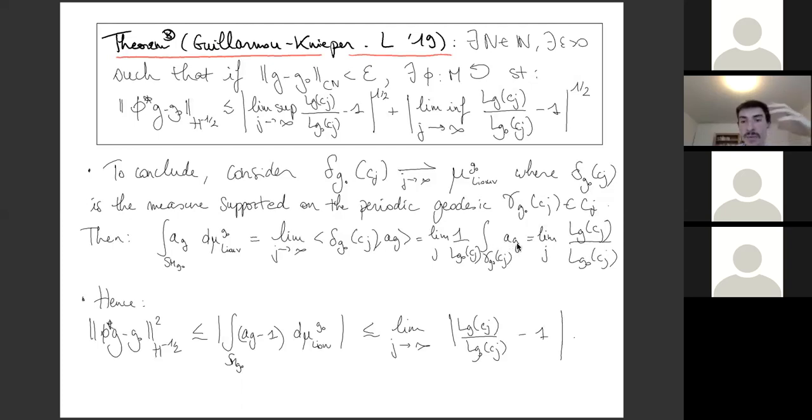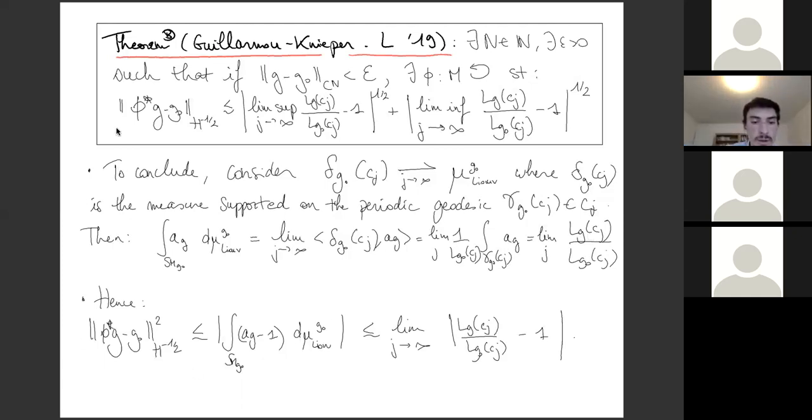And as I said before, the integral of A_G along a G0 geodesic is nothing but L_G of c_j, namely when you have your first geodesic for G0, that's the length of the other geodesic for the metric G. So we start with G0, and then we're moving this geodesic because we're changing the metric.